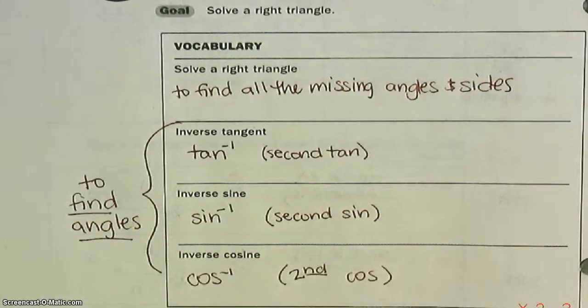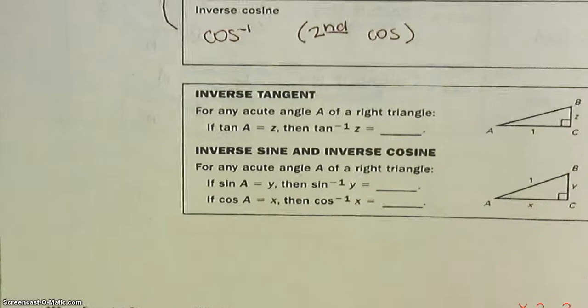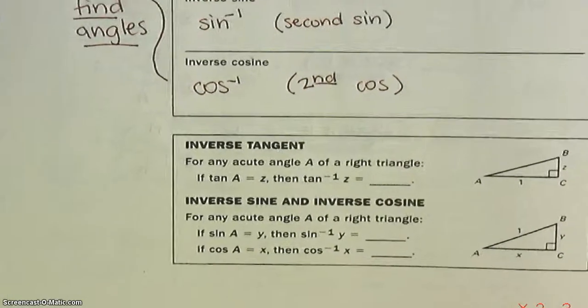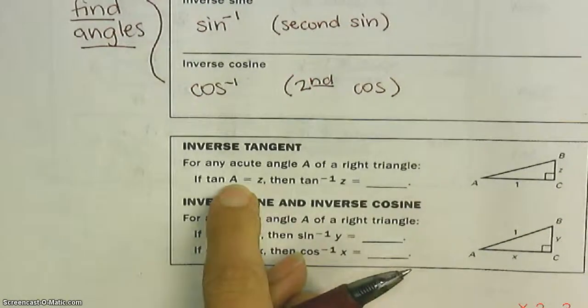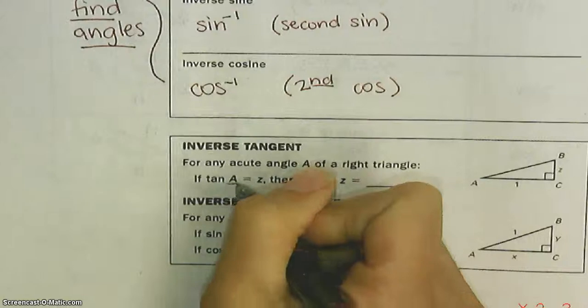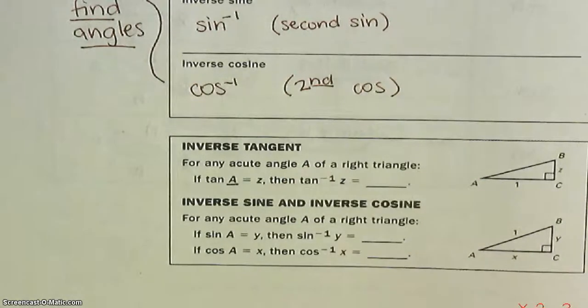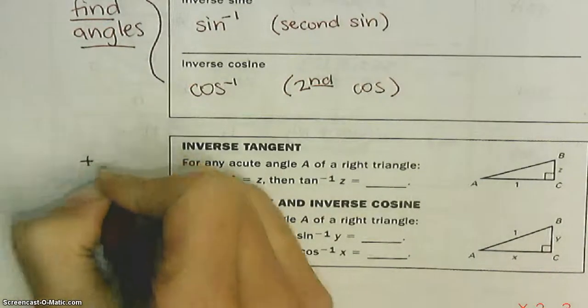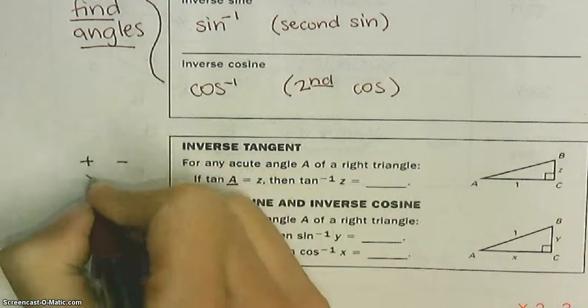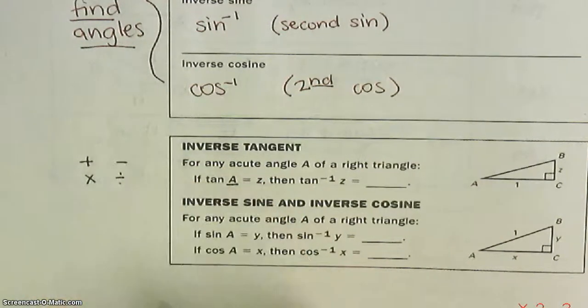Let's talk about how we're going to do that. In this case, the angle is going to be what's missing. So we need to get A all by itself. So we have to undo tangent. Just like adding and subtracting undo each other, multiplying and dividing undo each other.